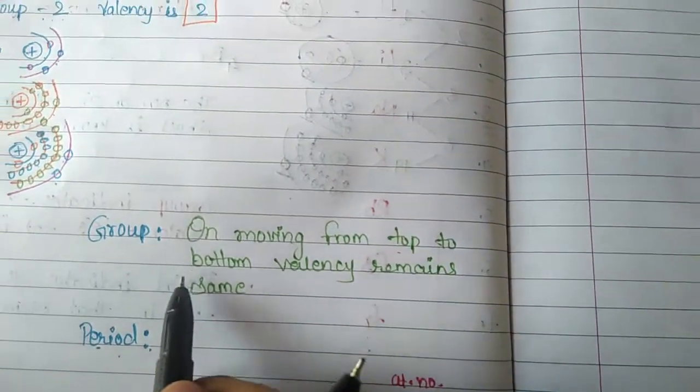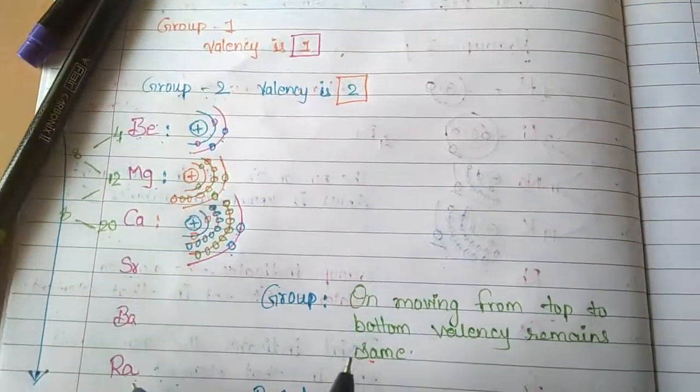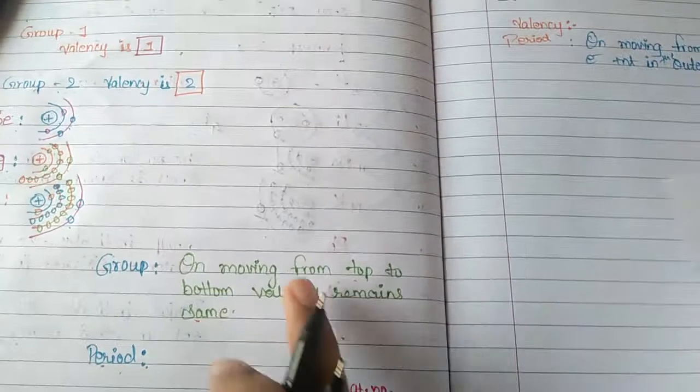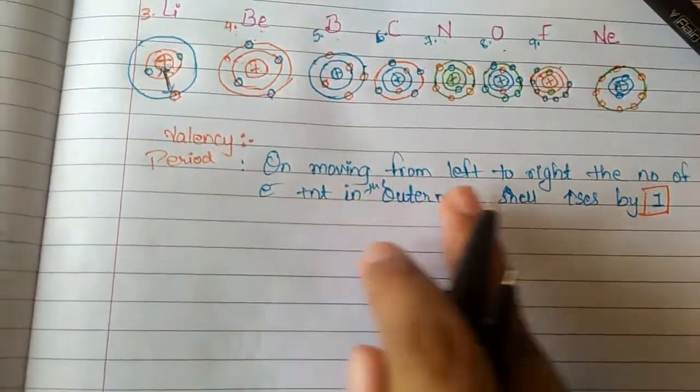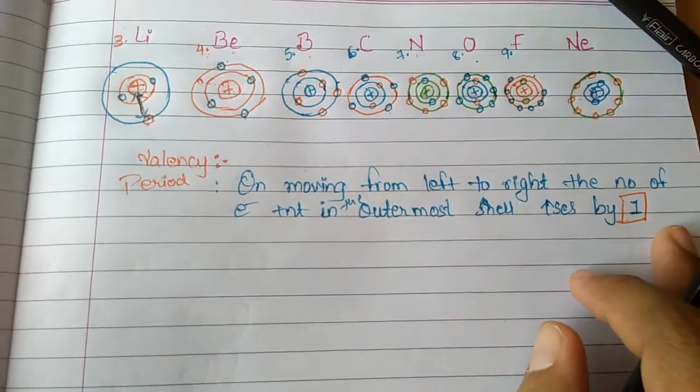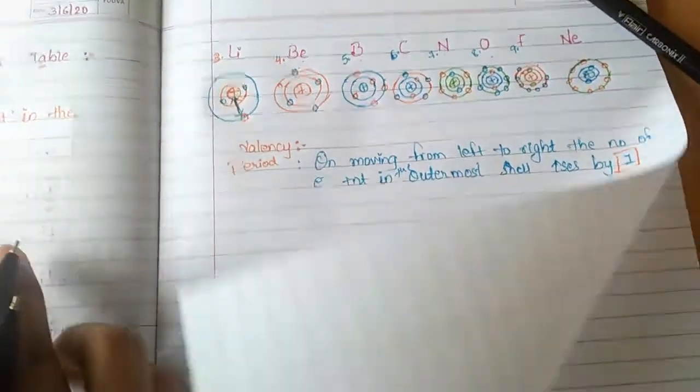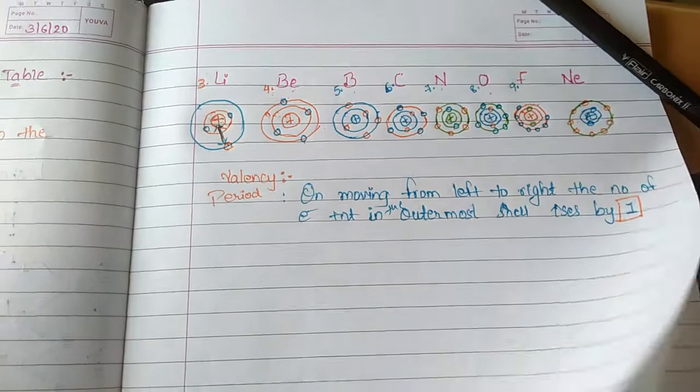And what was the trend in a group? It remains the same in the same group. So for a group, valency remains the same, and for a period the valency increases by 1. So this is the trend for valency.